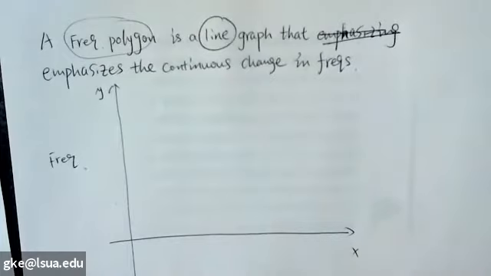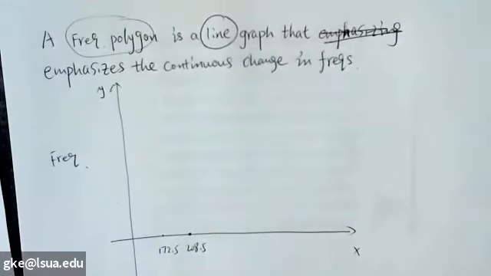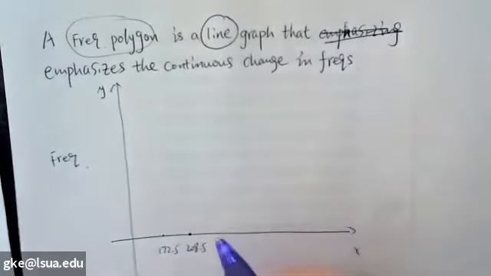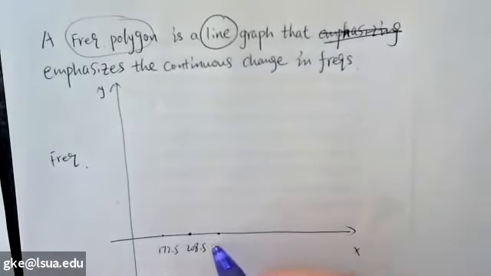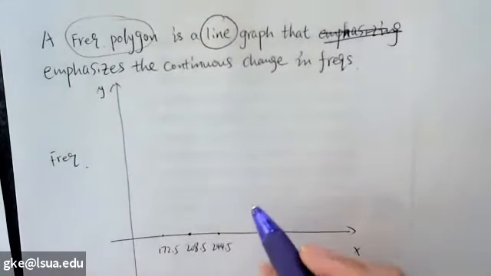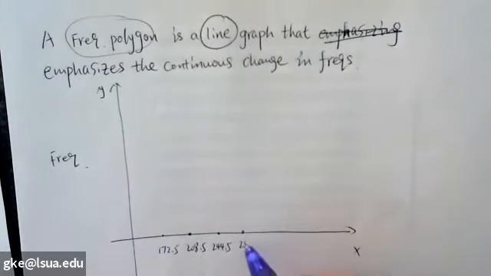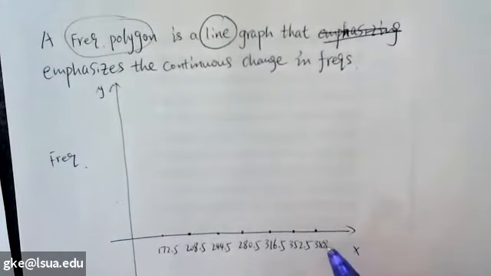And we're gonna draw the midpoints. So 172.5, 208.5, 244.5, 280.5, 316.5, 350.5, 380.5.